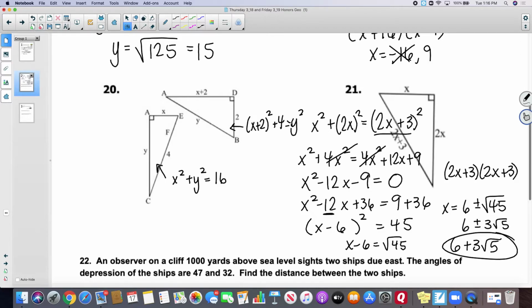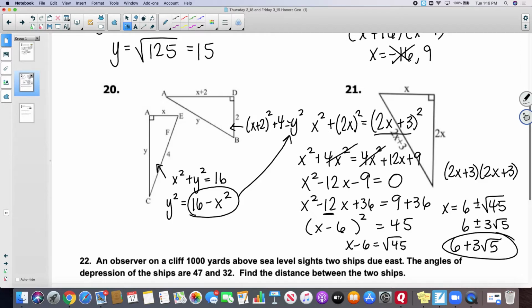Now you have y squared in both equations. So if you have y squared in both equations, then you can replace something. For example, if I made this y squared equals 16 minus x squared, then I could plug that in for y so that I would have one variable.